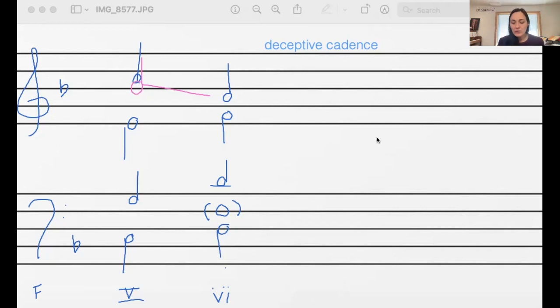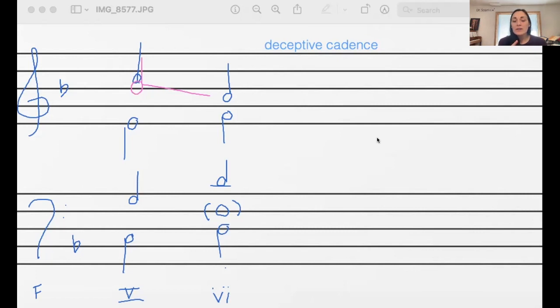Okay, hopefully this was helpful today. Just keep remembering we've got a couple of different cadence types that come in all different shapes and sizes. The authentic factors into perfect and imperfect. Half cadence always ends on 5 or a dominant of some kind, so the 7 also creeps into that.